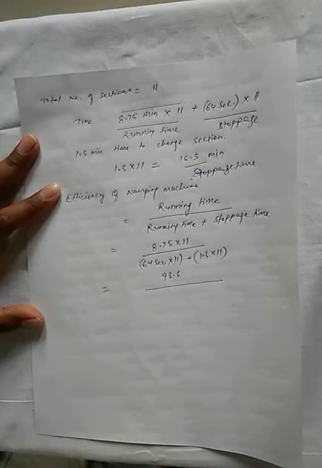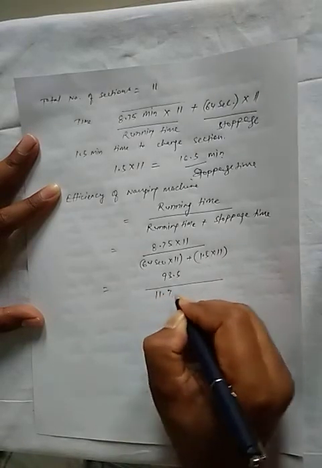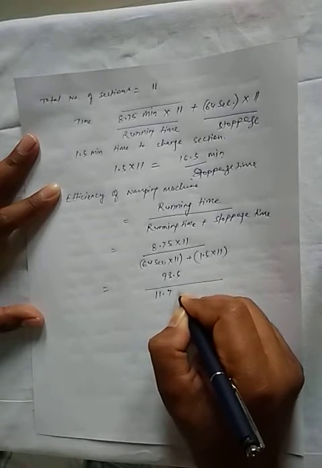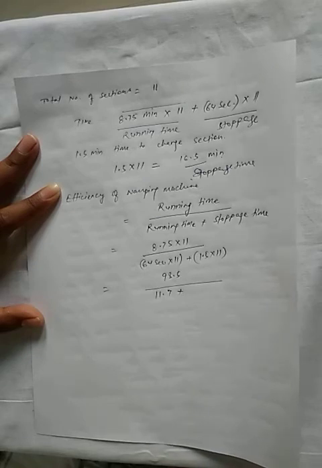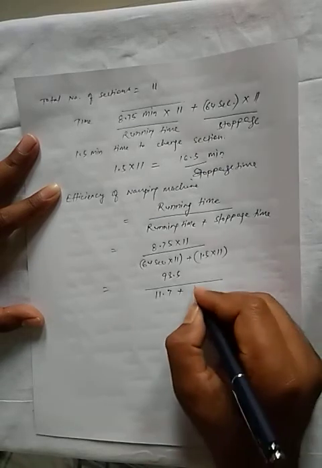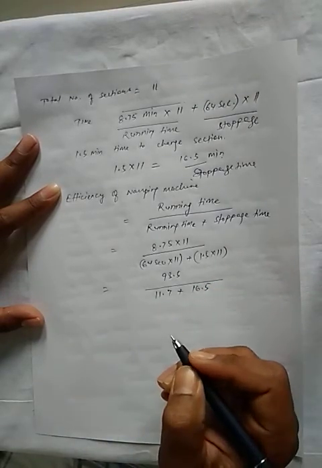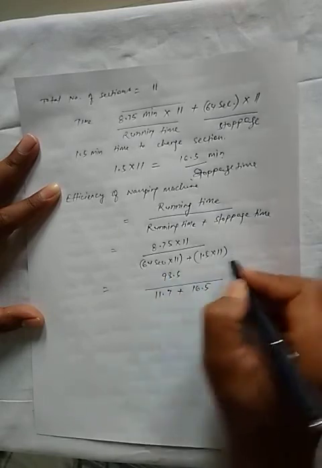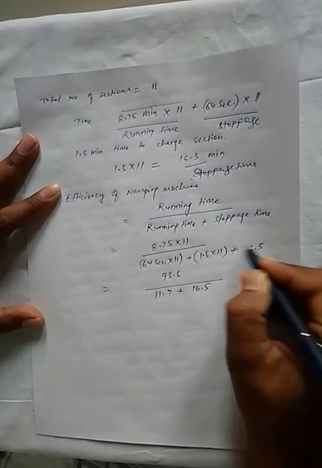I'll divide it by 60, so that comes to 11.7 minutes, plus 1.5 multiplied by 11, that is 16.5. This is our stoppage time, and we have to add running time, that is 93.5.